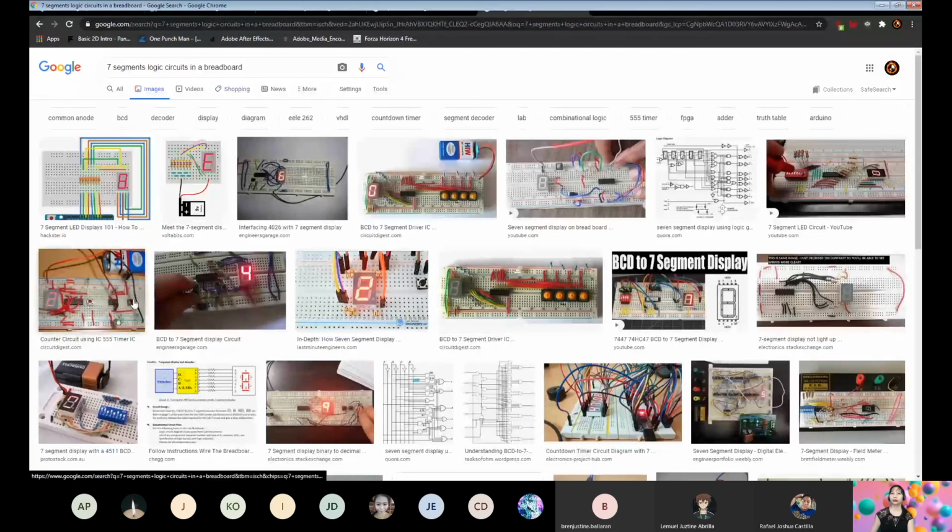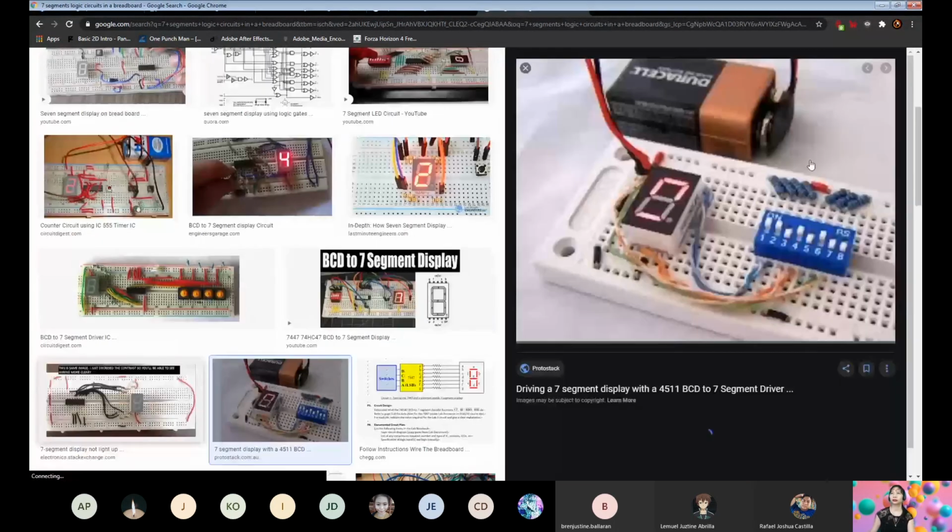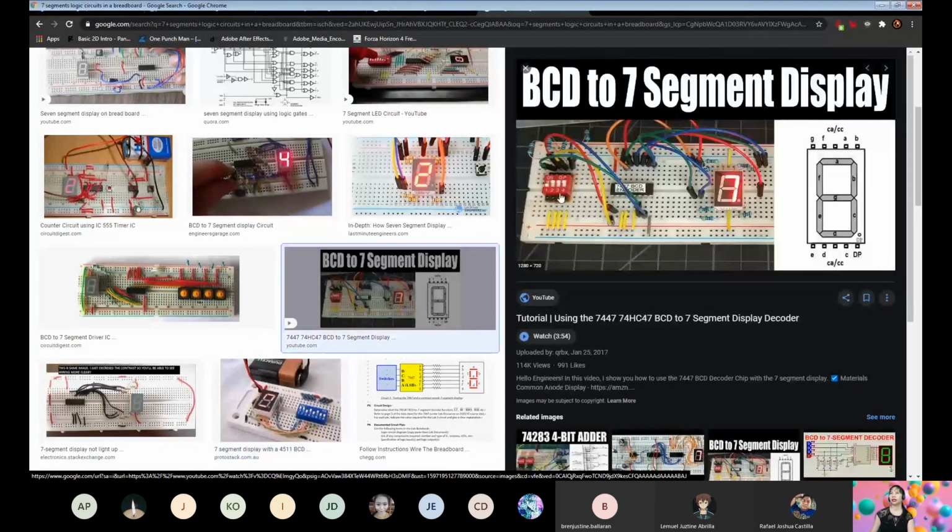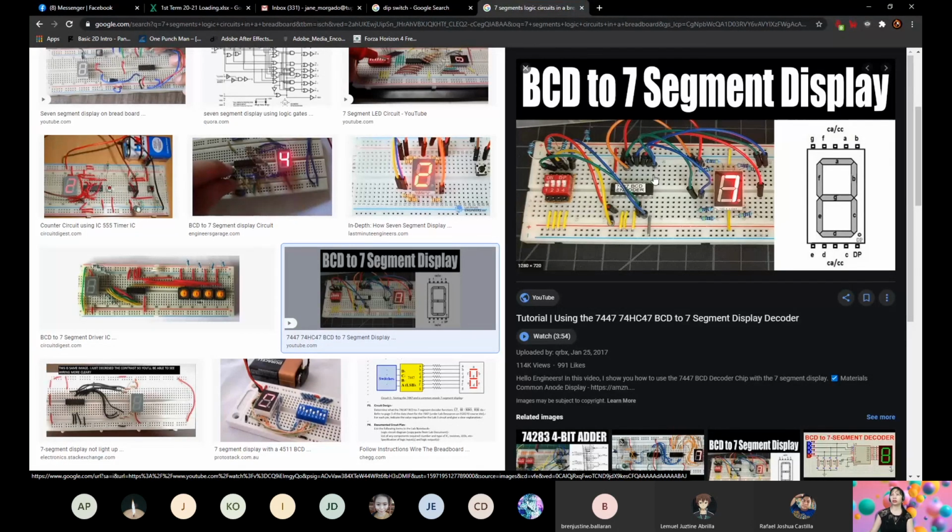Ito yung diretso. Paano yung paandarin yung BCD to 7 segment? May IC. Meron ng IC na either 7446 or 7447. Partner yun. May dalawang uri ng 7 segment: common anode, common cathode. So, partner din siya sa decoder.